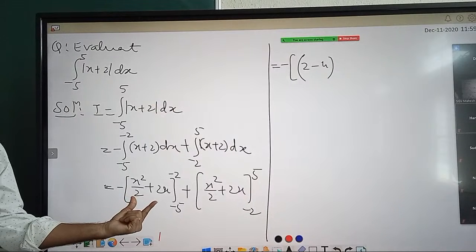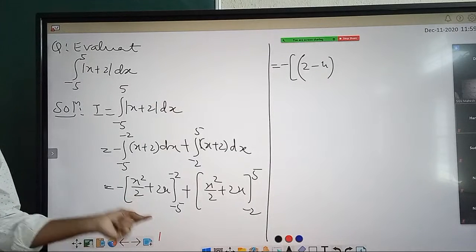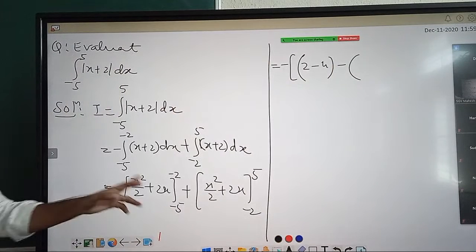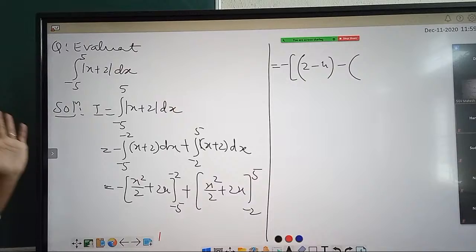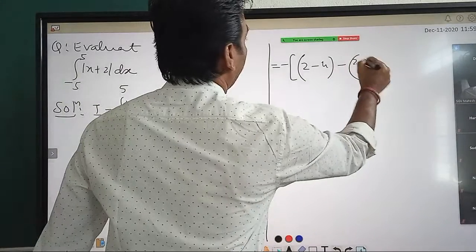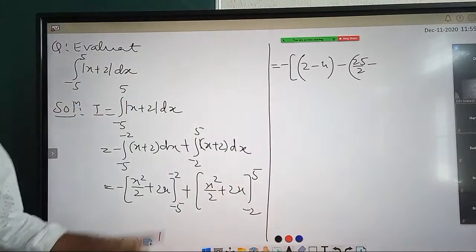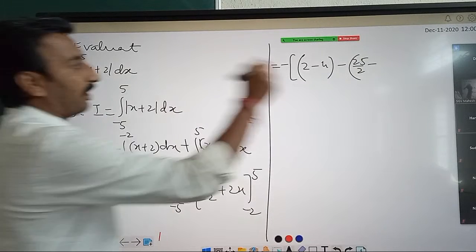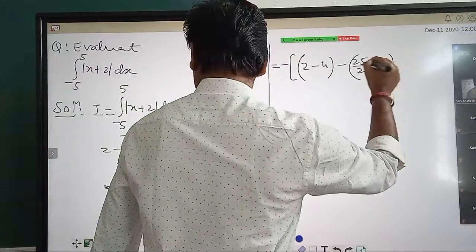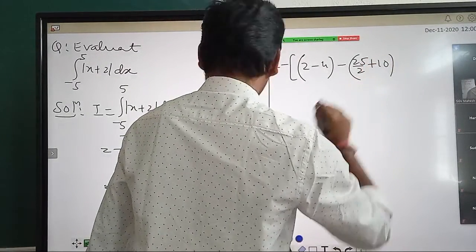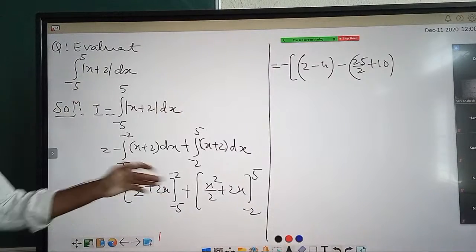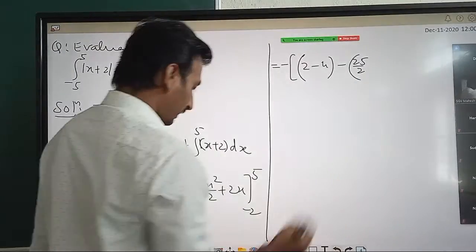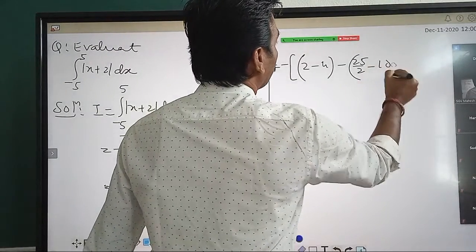Minus lower limit: x equal to minus 5, so 25 by 2 minus, and 2 into minus 5 is minus 10. Already you have minus here, so it is plus 10? No, already earlier it was 2 into minus 5, minus 10. Minus 10 only, not plus 10. Correct?